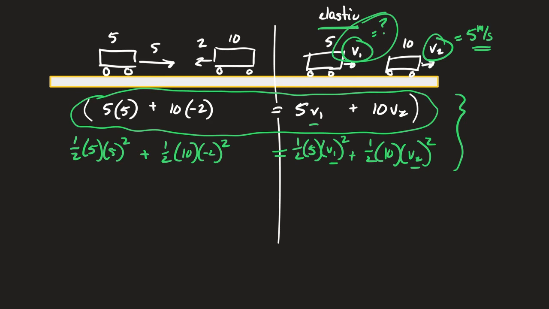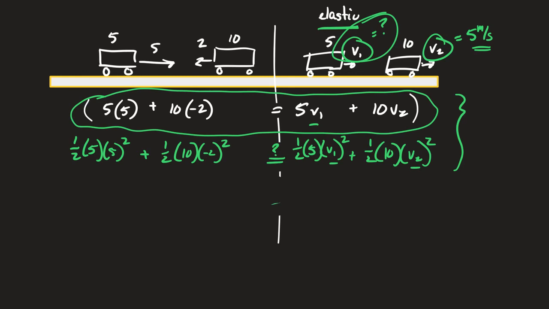And then when I give you a follow-up question like, is this collision elastic? Well, then you don't assume these are equal. You ask, are they equal? You work out the right side and you work out the left side and you figure out whether they're equal or not.